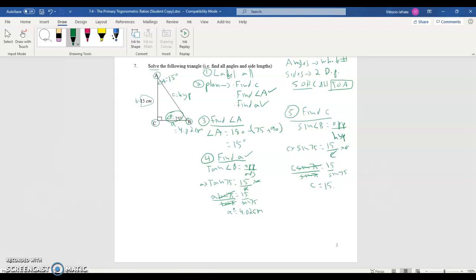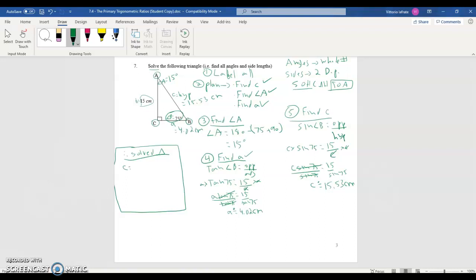So 15.53 centimeters. Put the little dot there to show an approximation. So 15.53 centimeters, and I found C in the end. So what I usually do is my final answers, I'll put them in a little box like this, and I'll say therefore solved triangle, and I'll put my answers just to have it nice and organized.